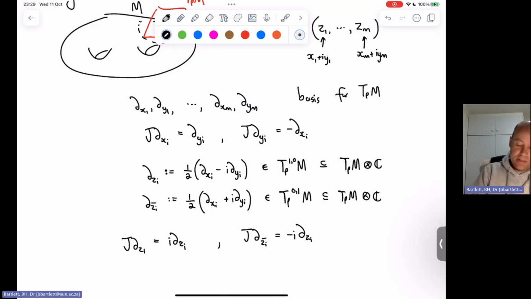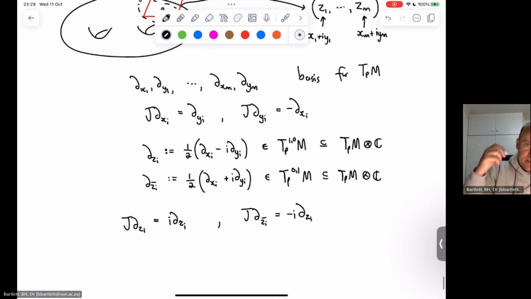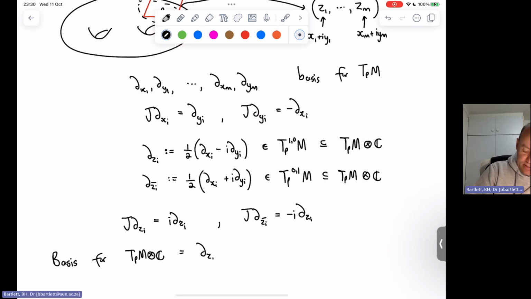Good. So we've got a basis for this complexified tangent space, right? It's all the del z's, and all the del z bars.